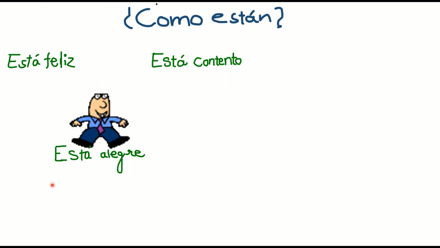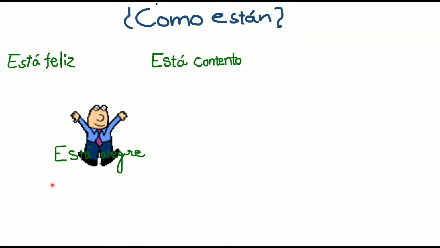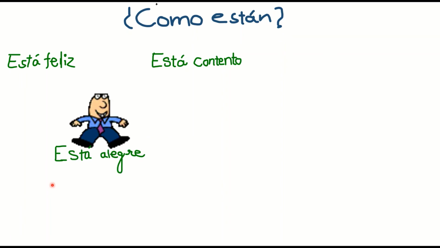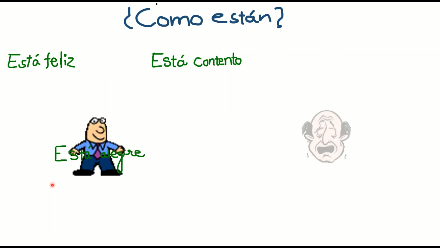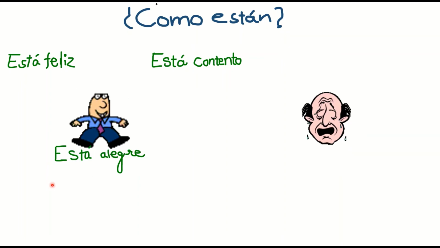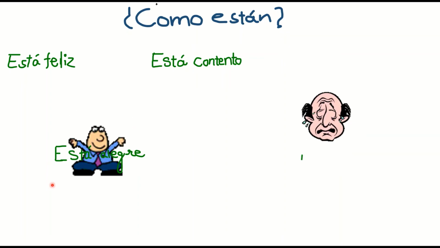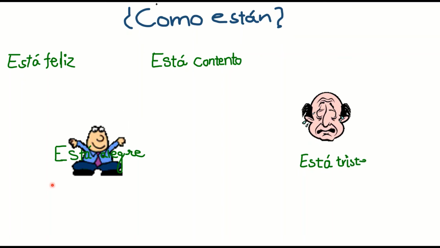So he is very happy, está feliz, está contento, está alegre. If I want to say that I am happy, then what would it be? It should be estoy feliz, estoy contento, estoy alegre. Muy bien, let's move ahead. Oh, this person is not so happy. Okay. Yes, so está triste. He's sad. Está triste. Triste means sad.